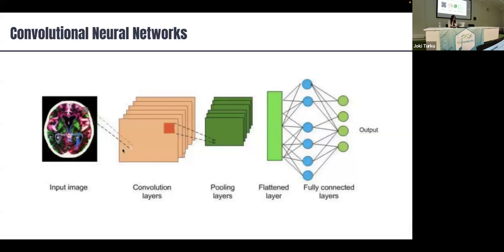So when you deal with images, you have this convolutional layer in which you summarize the information, then the pooling layer in which you summarize the information again, and then you have to go back to a 1D vector because you have to do regression or classification, and then it will be the input of the fully connected neural network.